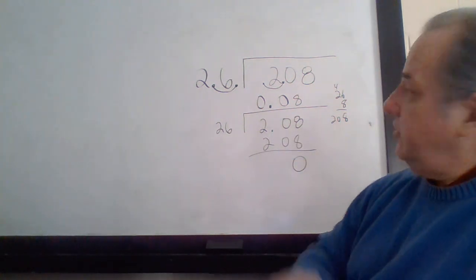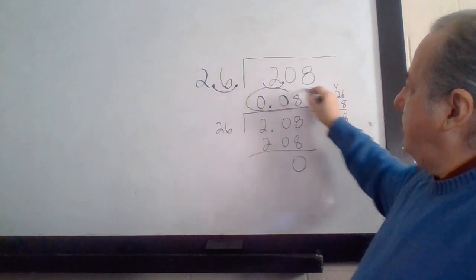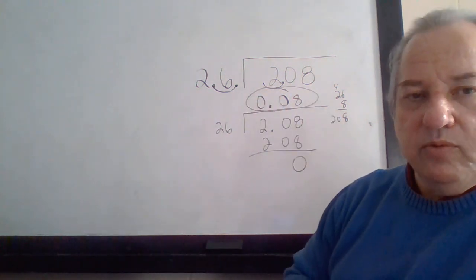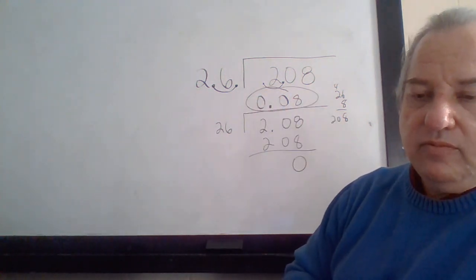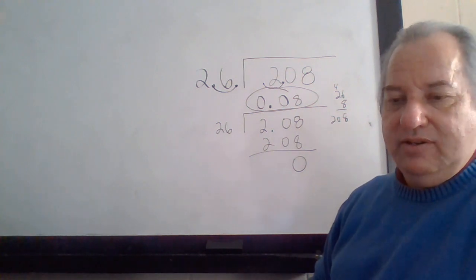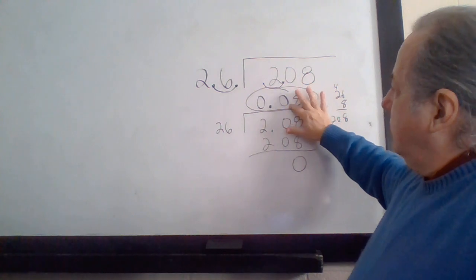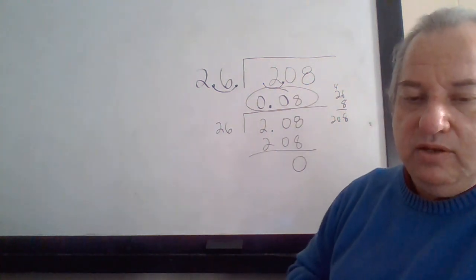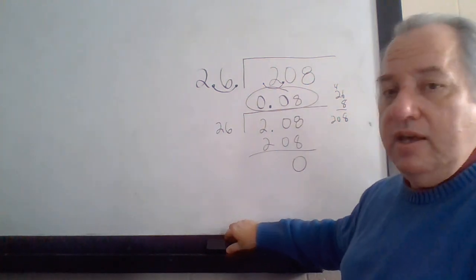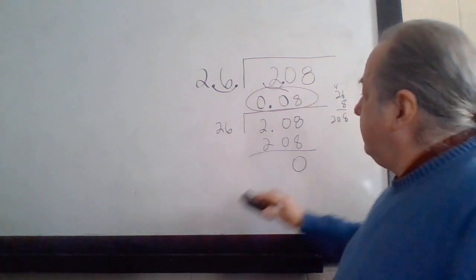So it works out evenly. So your answer is either 0.08 or just .08. Either one is fine. So that's the first kind of problem where you have to have a 0 as a placeholder in the answer. Let's look at a second example.